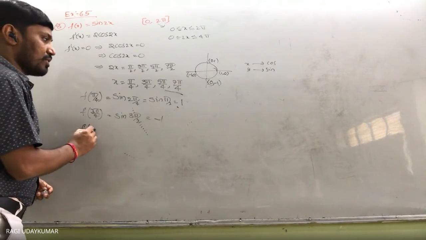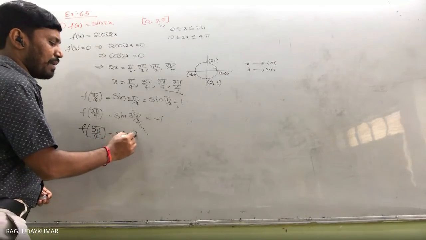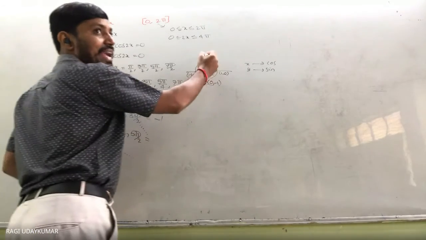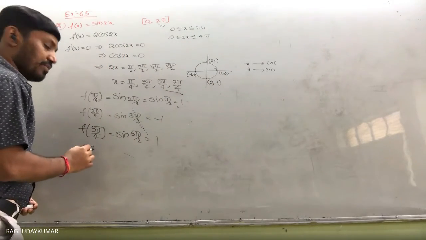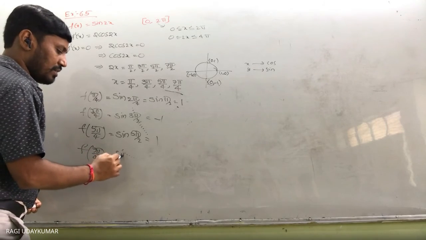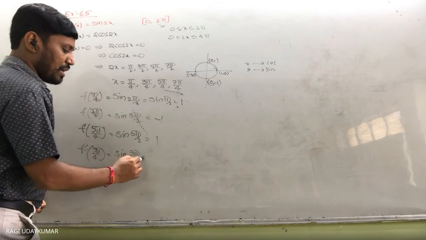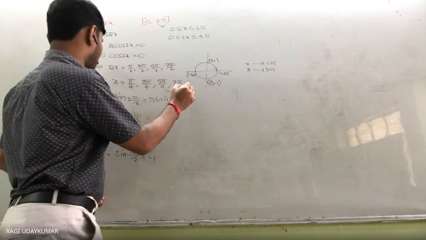Next, f of 5 pi/4 is sin 5 pi/2. The 5 pi/2 value goes up, that is 1. Next, f of 7 pi/4 is sin 7 pi/2. The 7 pi/2 value is -1. Now, apart from this, what do we need to do here?